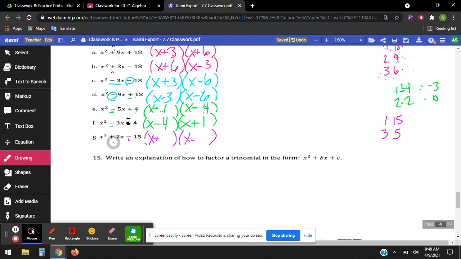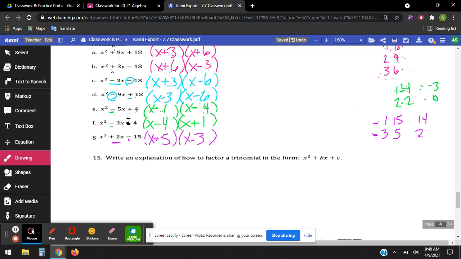And I need it to equal a positive 2, which means my smaller number will be my negative. So negative 1 plus 15 is 14. Negative 3 plus 5 is 2. So I'm going to do a minus 3 plus 5 and get my factors there.